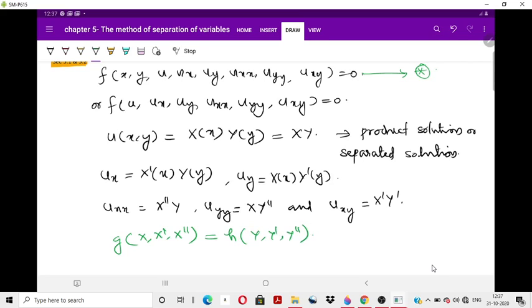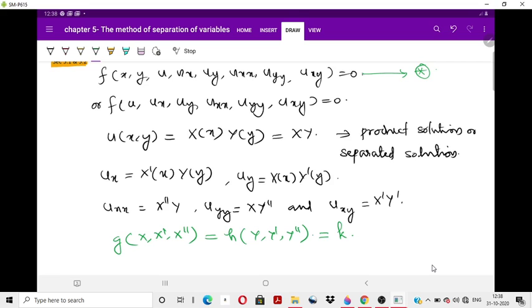So the equation star can be written like this. Since the left side is a function of x alone and the right side is a function of y alone, and both are equal, this will hold only if both are equal to a constant, let it be k.